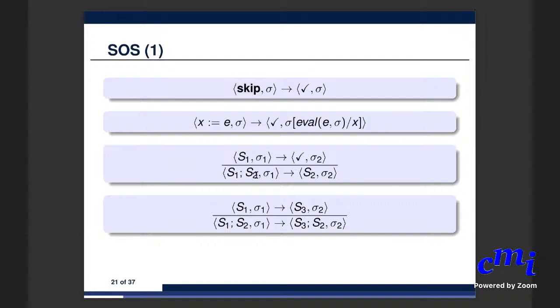Let me introduce this. An inference rule has a numerator and a denominator, something above the line and something below the line.